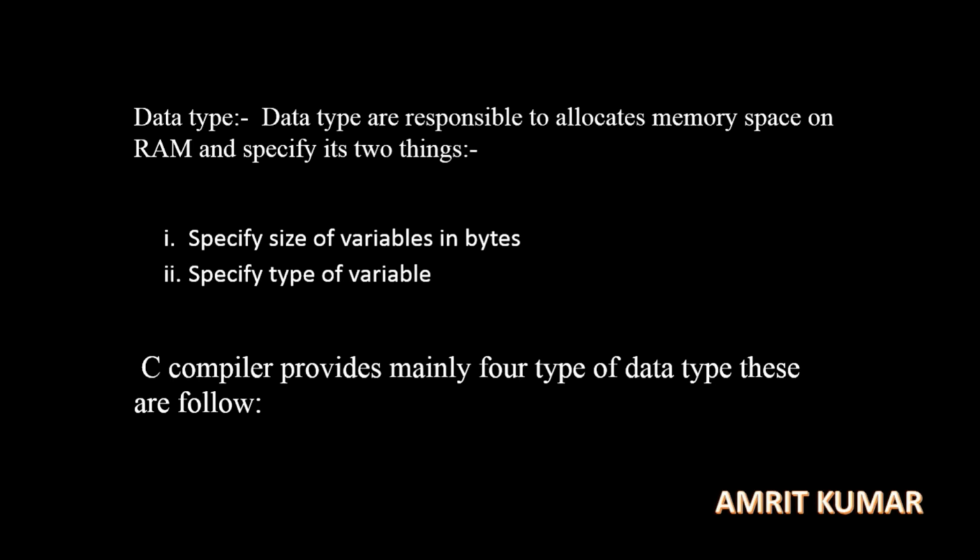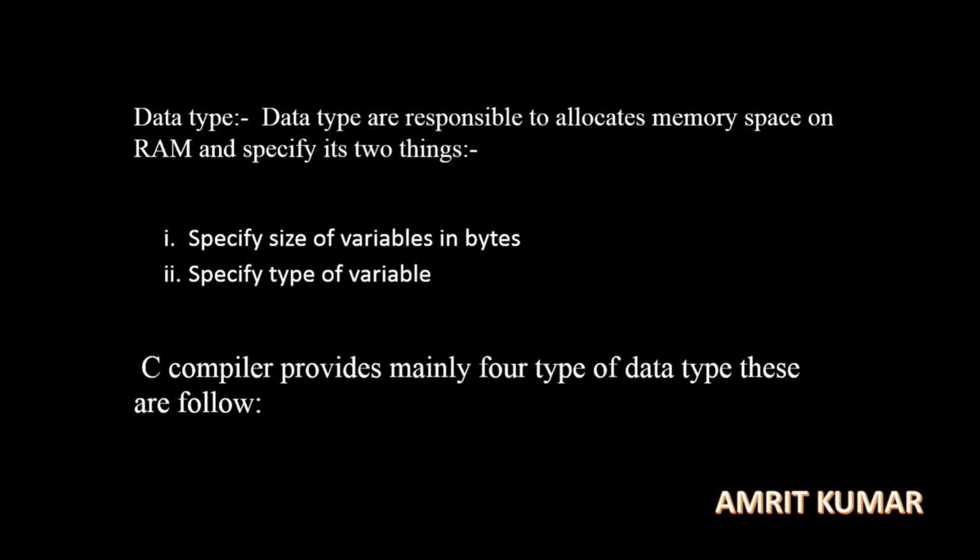RAM is a random access memory. It allocates an area of memory when we advise the compiler of the C language that I am using an integer variable name. Integer is the data type, and the variable name is the name which represents the type integer.